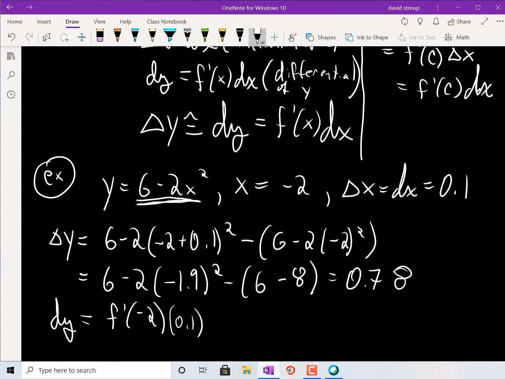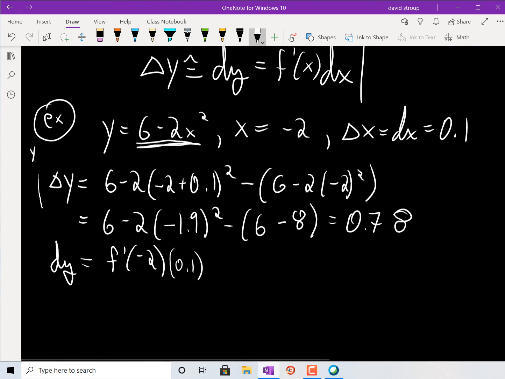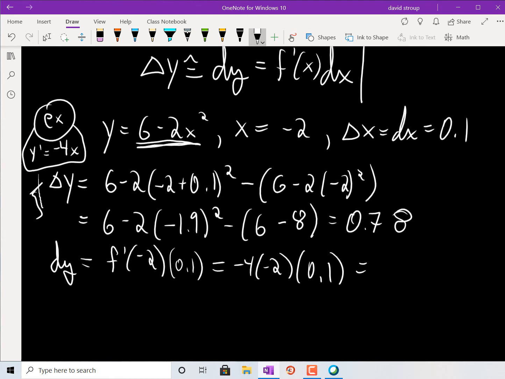So we need the derivative. Up here, the derivative is -4x. So this will be -4 times -2 times 0.1, which of course, negative times negative is positive. 8 times 0.1 is 0.8. You can see they're pretty close.